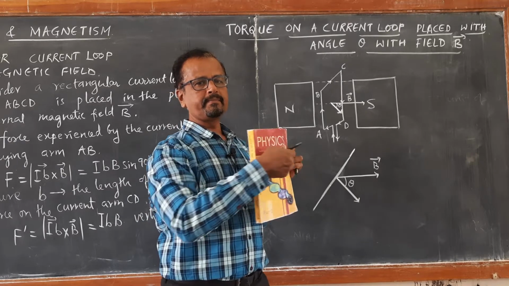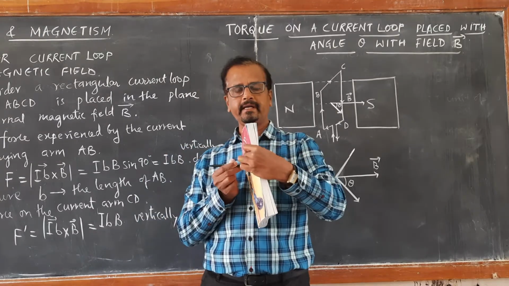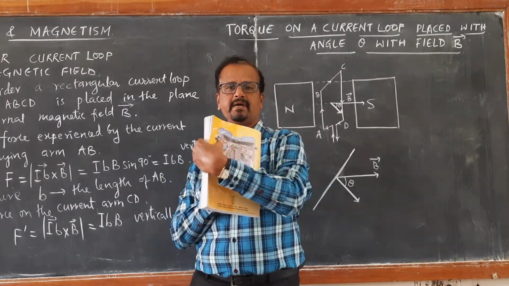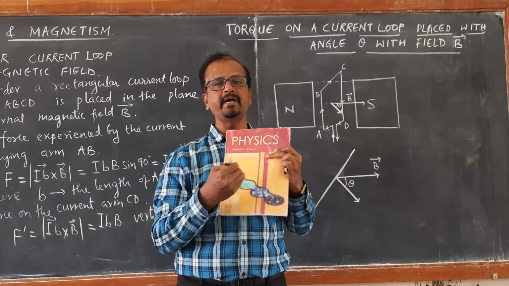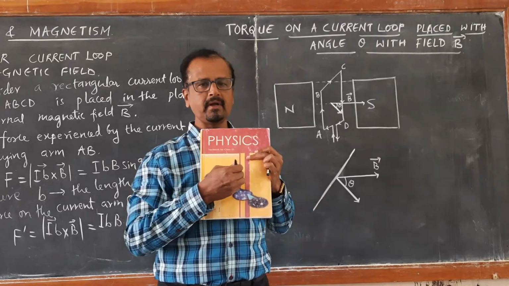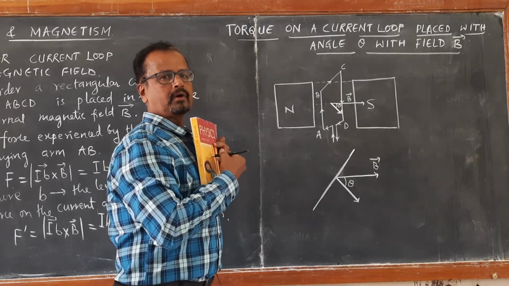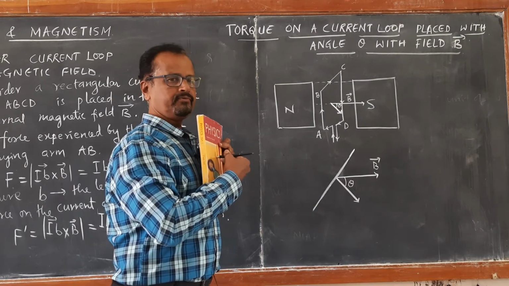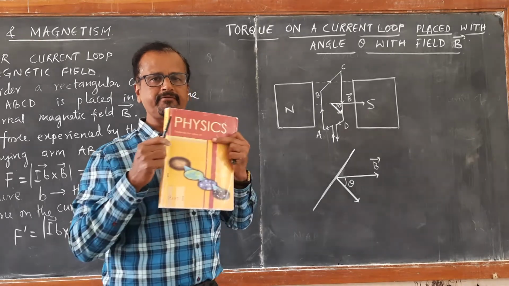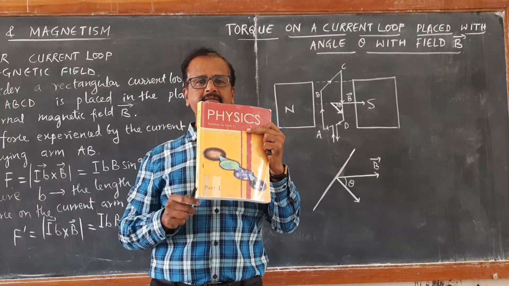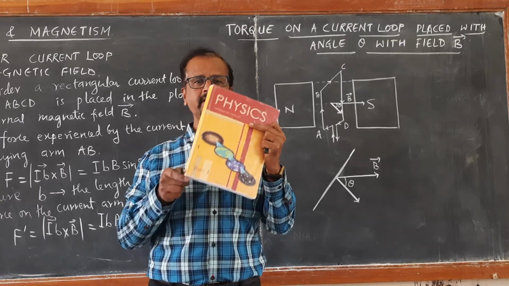When you turn this plane by 180 degrees, the normal also turns by 180 degrees. When the plane is turned by 360 degrees, the normal also turns by 360 degrees. The outward normal drawn to the plane gives you the direction of the area vector, and the magnitude for the rectangular plane is given by breadth into length or length into breadth.